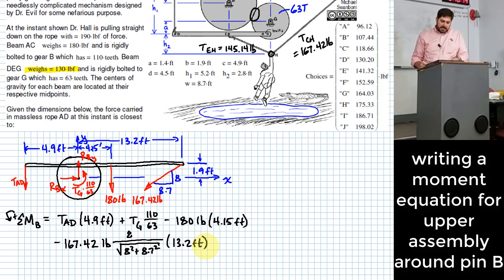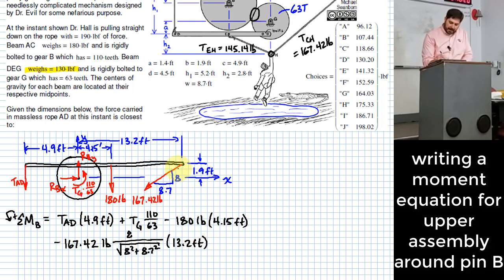Okay, and then last but not least, I need to take care of the horizontal component of the 167.42. Okay, that horizontal component, if you look at it, it's acting right here.